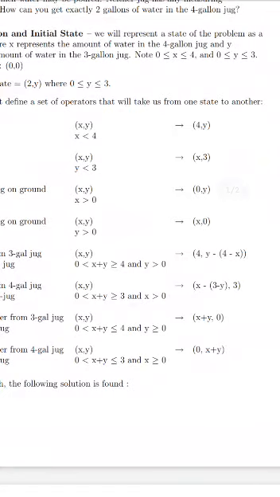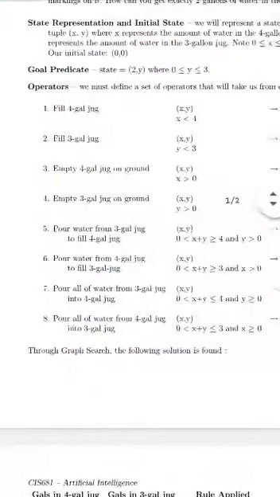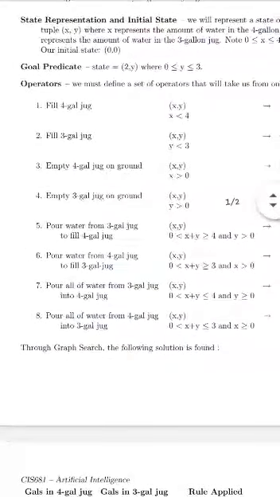Here 0 indicates there is no water in the Y jug.